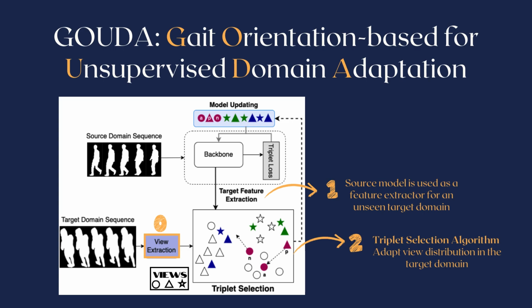In the embedding space, we apply our triplet selection algorithm to adapt the view distribution in the target domain. Practically, we push away sequences of similar views while bringing closer different views. Lastly, the selected triplets are used to fine-tune the network using triplet loss.